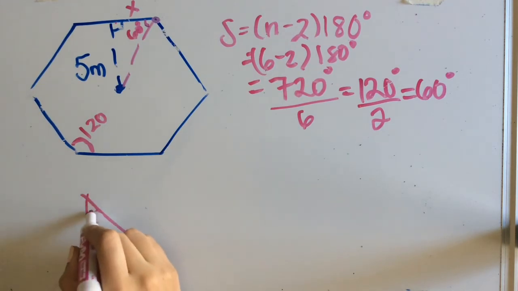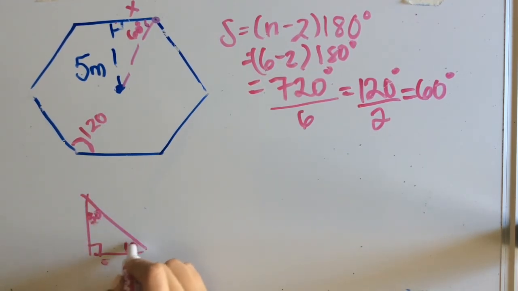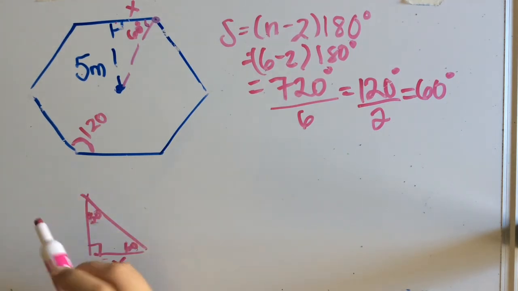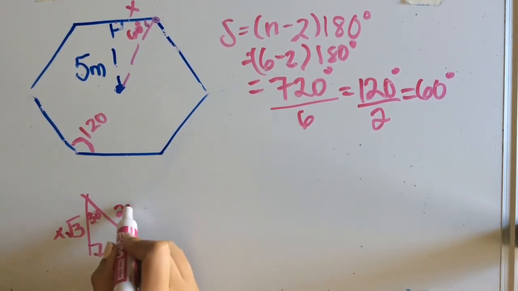This should be 30 and that should be 60, because the opposite of the smallest angle is going to be the shortest leg. So the shortest leg, if its value is x, the longer leg, that's not the hypotenuse, is going to be x times the square root of 3. And the hypotenuse is going to be double that shortest leg.